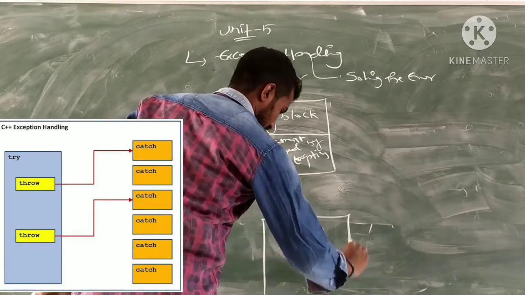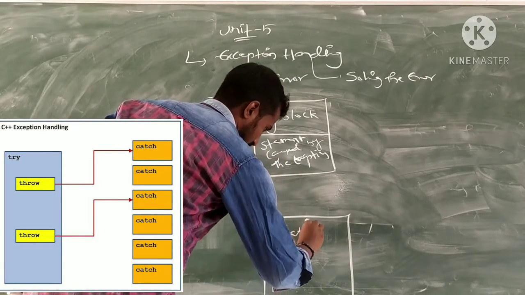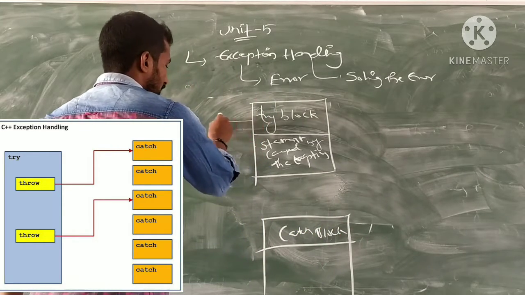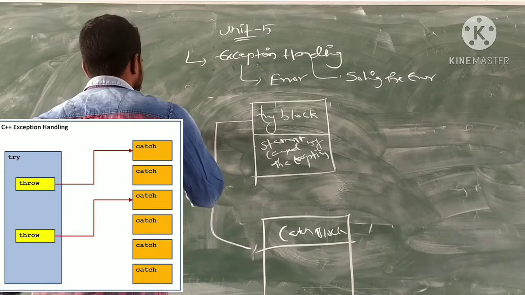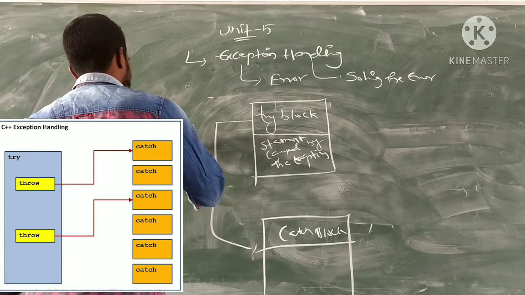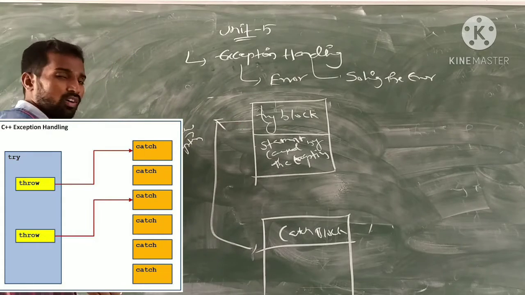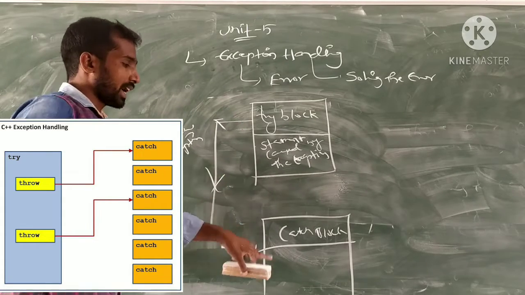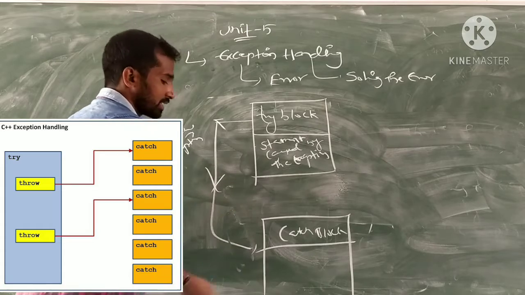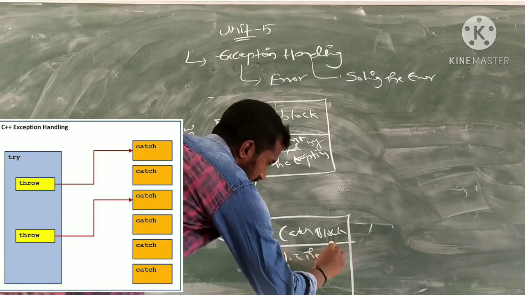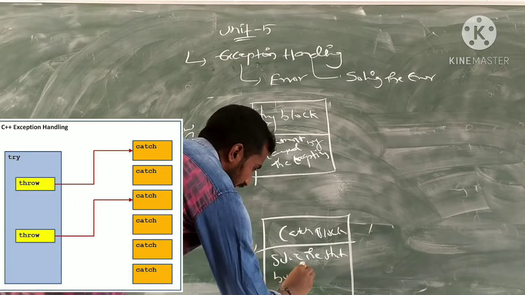And this is the catch block. The try block throws the exception by using the keyword throw, and it is thrown into the catch block, and the catch block receives it and solves the statement by the exception.